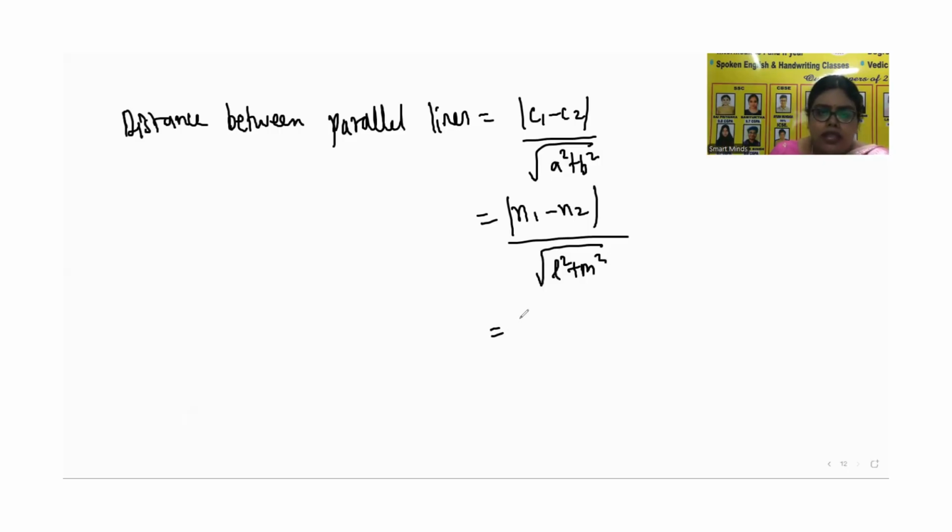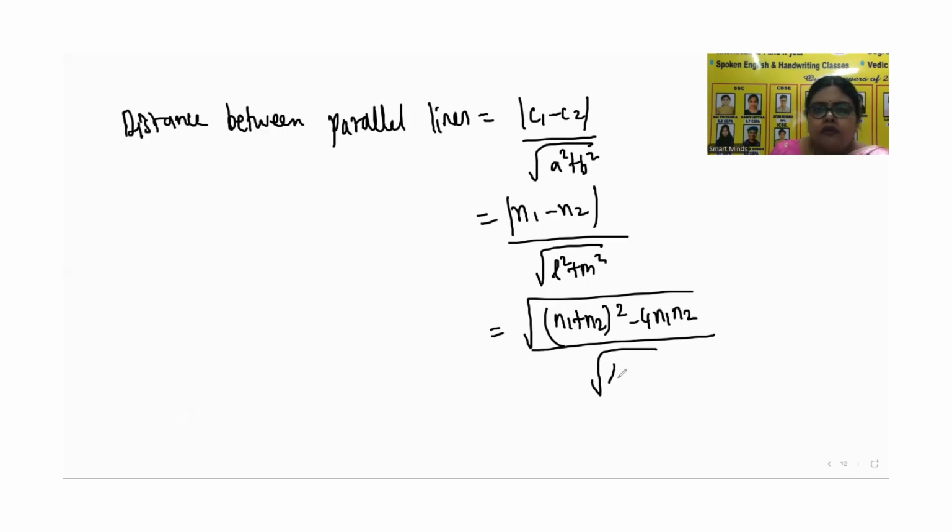Now again n1 minus n2 I can write as root over n1 plus n2 whole square minus 4 n1 n2 by root over L square plus M square. Now in the place of n1 plus n2 I can write 2F by M. 2F by M whole square minus 4 n1 n2 is c by root over a plus b.